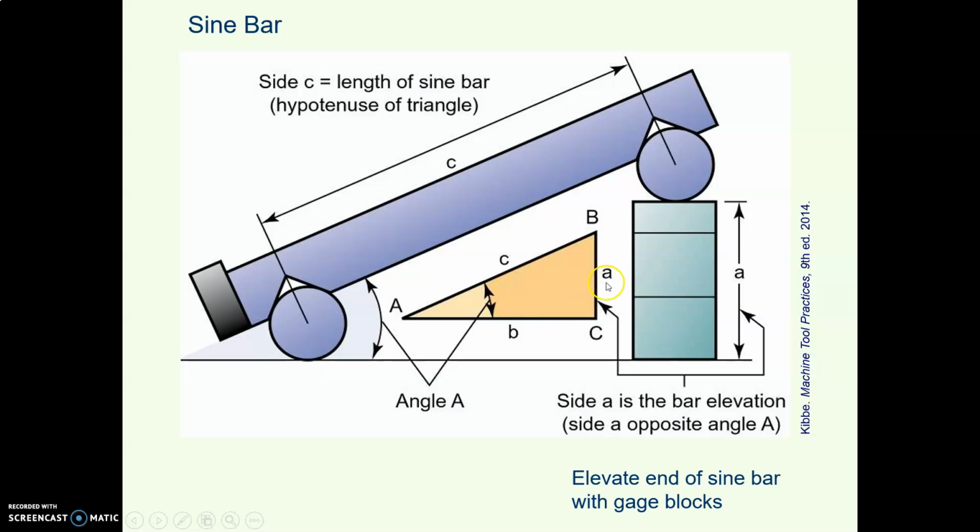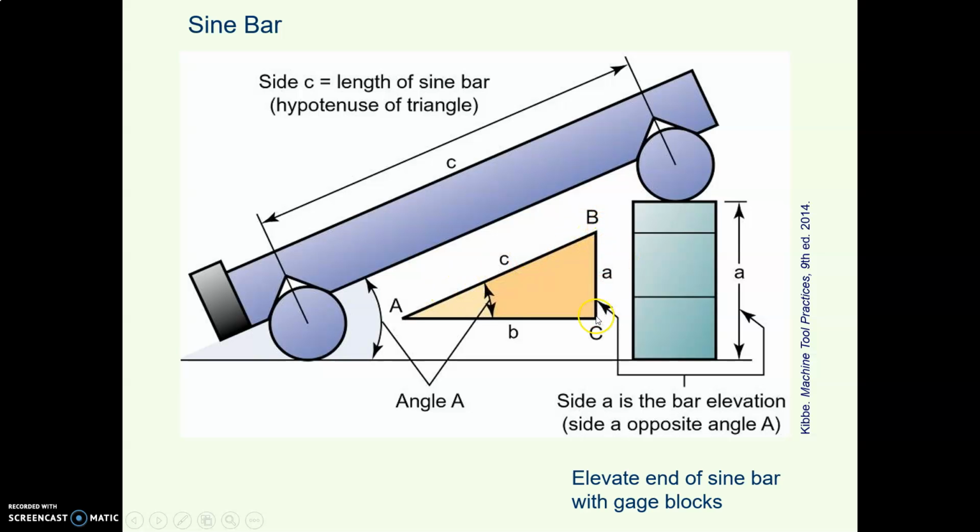Or if you know the opposite and the hypotenuse, you can use them to find the angle. Well, what we know in the case of this sine bar, where the cylinders are 5 inches apart to a very close tolerance, we know the hypotenuse.